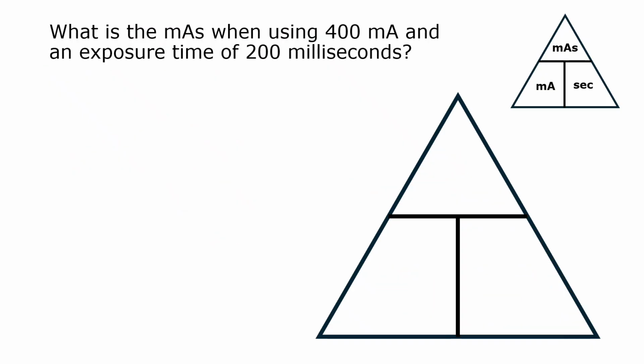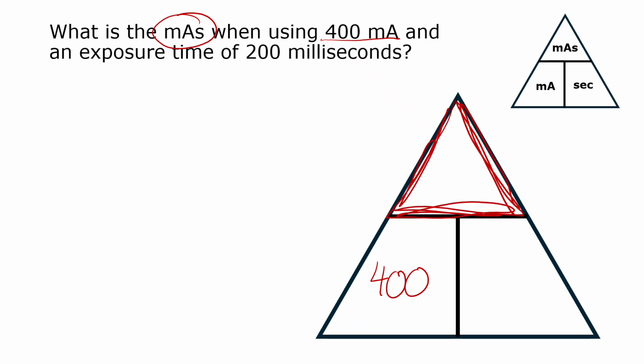Now, if your instructor is anything like me, they're going to give you tricky problems like this. So this question asks, what is the mAs when using 400 mA and an exposure time of 200 milliseconds? So let's put in our known values. First, we have 400 mA. We're trying to solve for mAs, so we're trying to figure out this portion of our triangle, but they gave us 200 milliseconds.